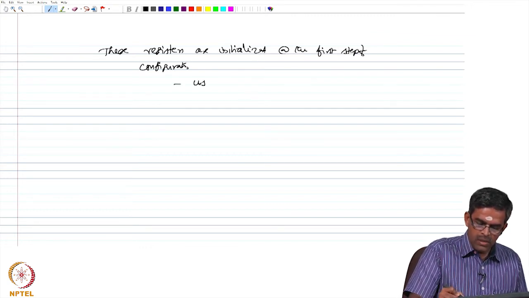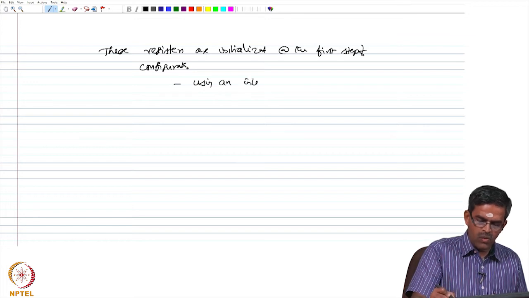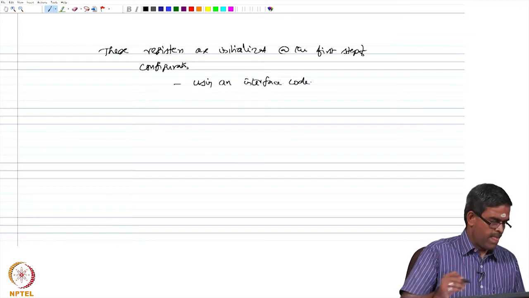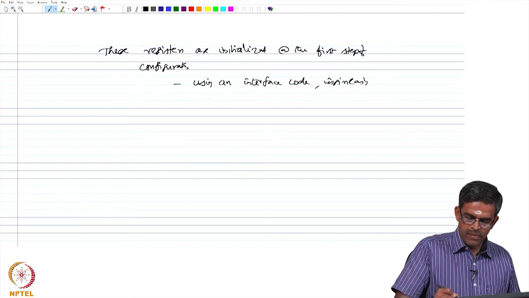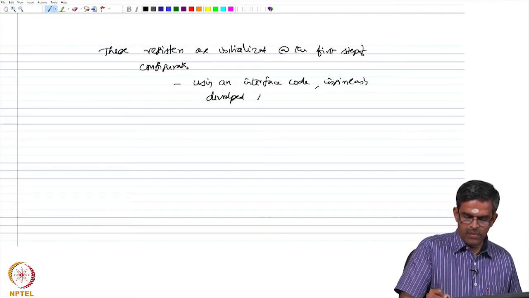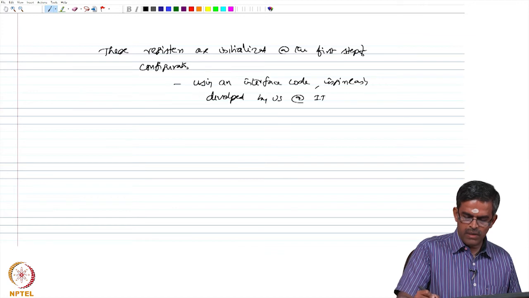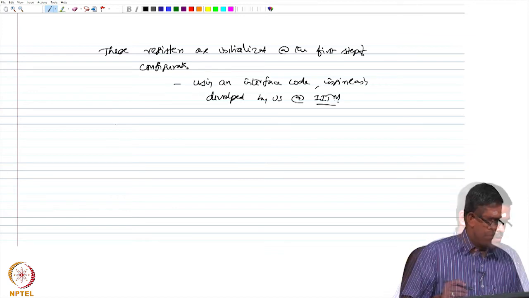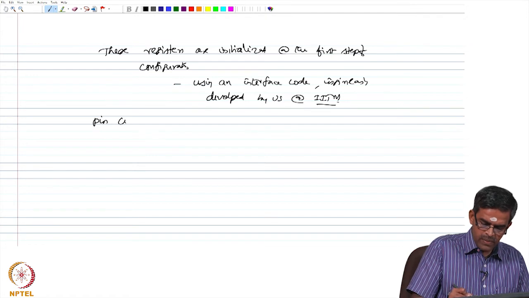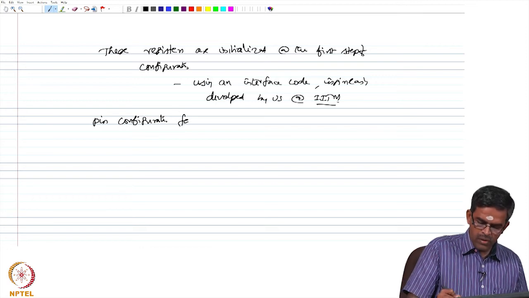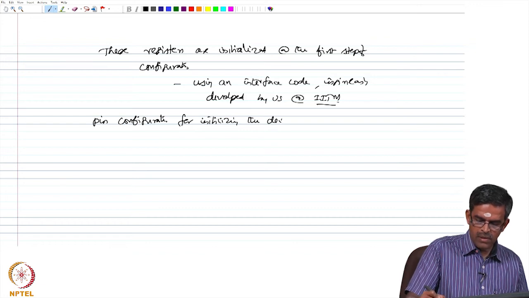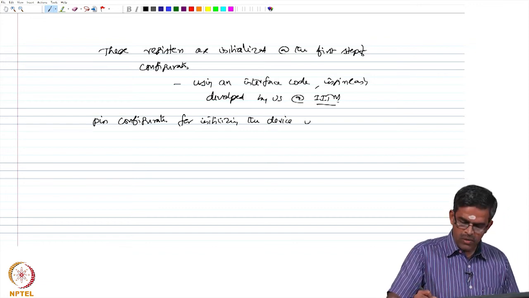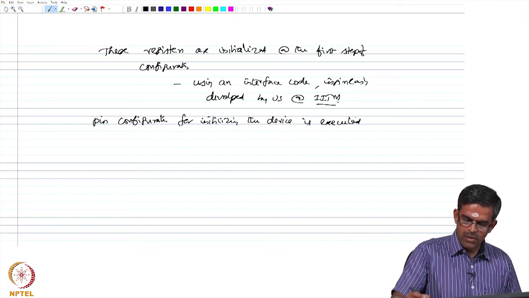This is done by using an interface code which is indigenously developed by us at IIT Madras. The pin configuration for initializing the device is executed using the following code.